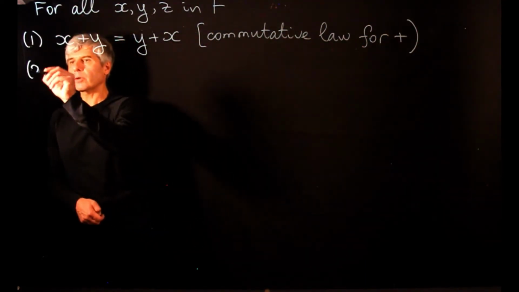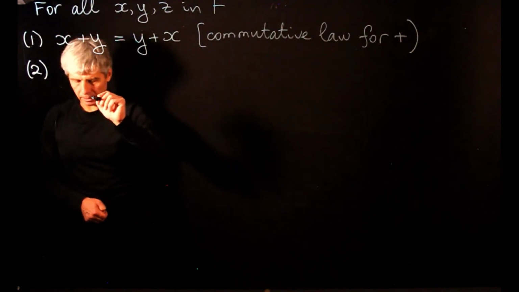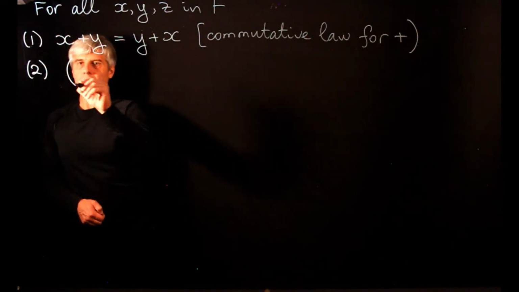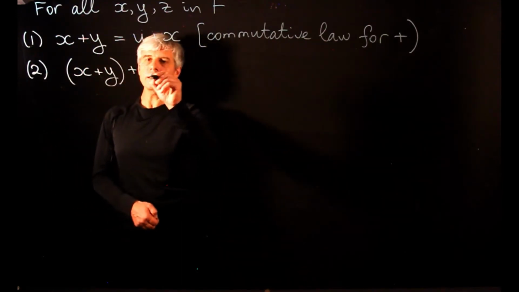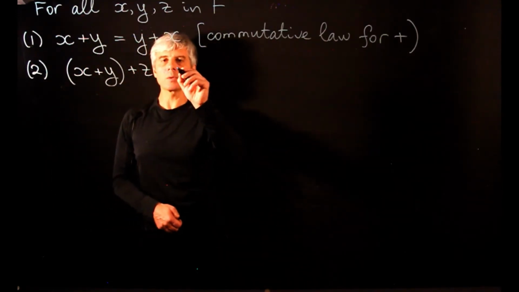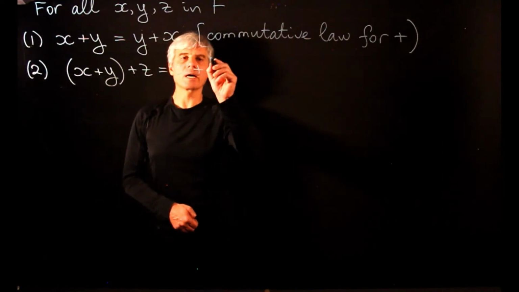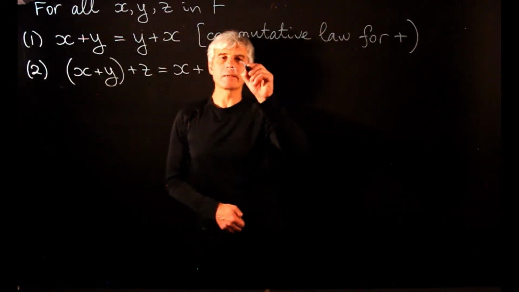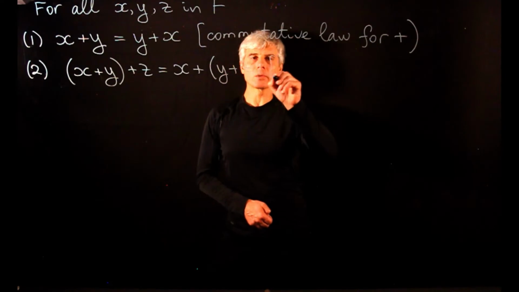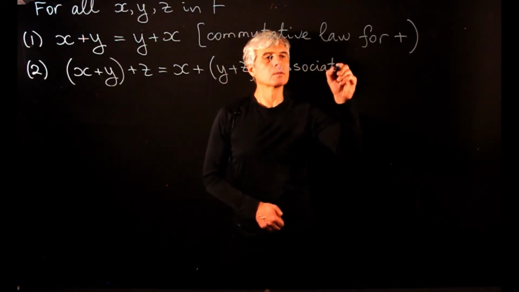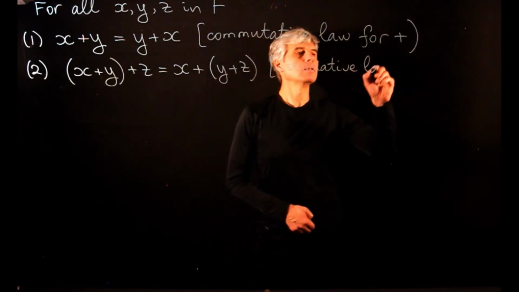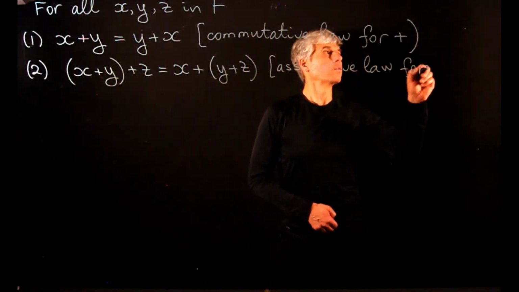Then the second axiom is x plus y plus z is equal to x plus y plus z, with grouping, so this is called associative law for addition.